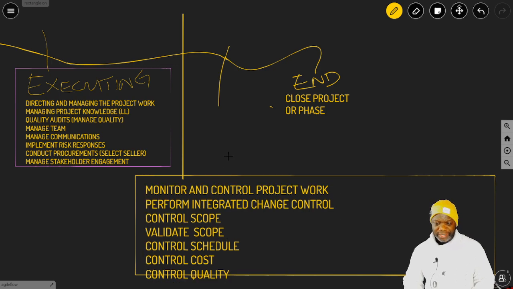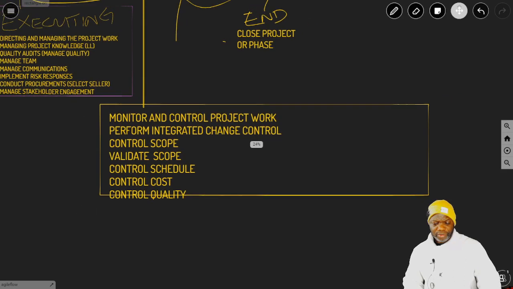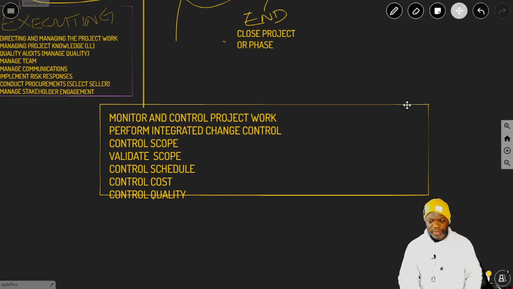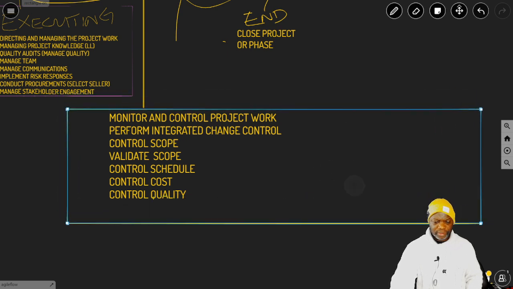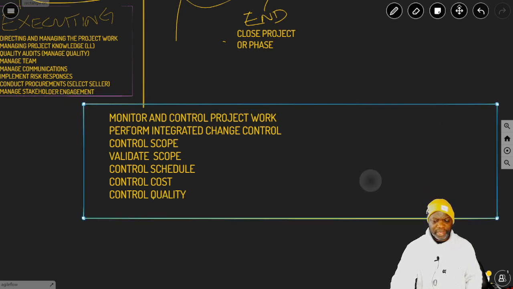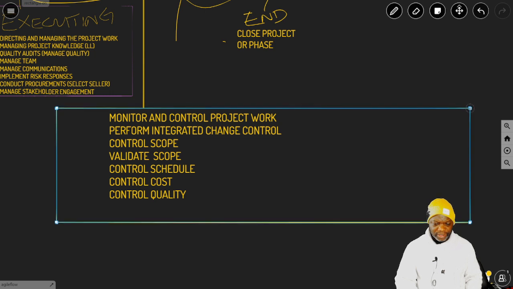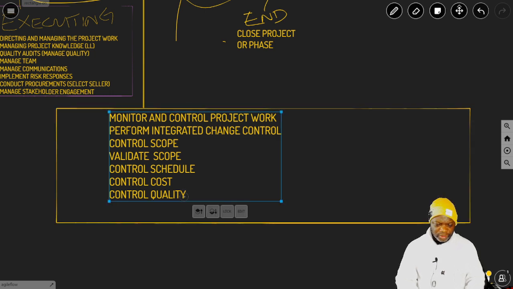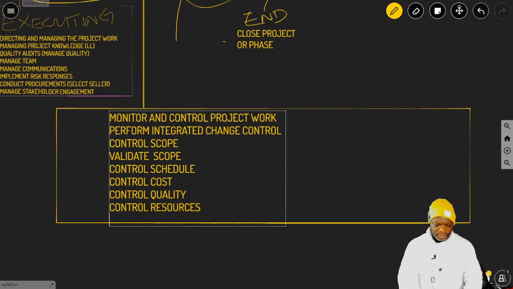So in the very beginning, you heard me say something like quality assurance or managed quality is checking the process. But here I'm telling you that control quality is checking the product. So keep that in mind. All right, next after control quality, we have control resources, and this refers only to the physical resources, not the human.